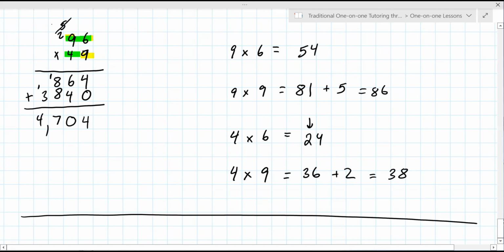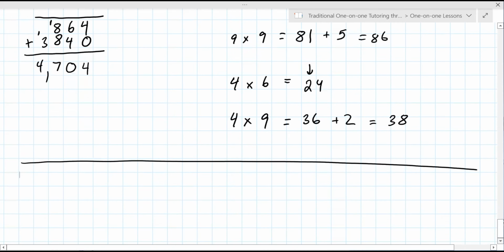Let me know when you get all this down, and then we'll do some addition problems. Done. Okay, so we're just going to work on some addition here.